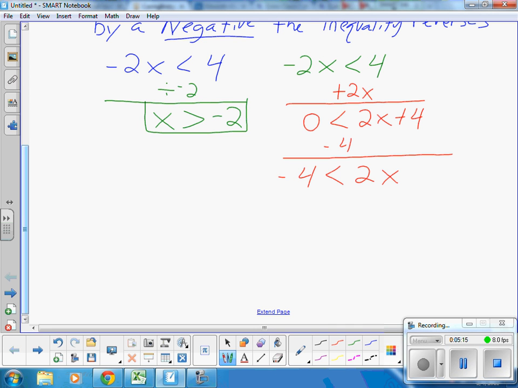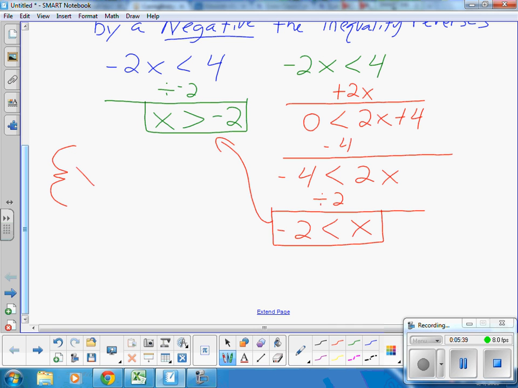Divide both sides by 2. Notice I'm dividing by a positive now. When I divide by a positive, the inequality stays the same. Negative 4 divided by 2 is a negative 2 less than x. Notice this is the same as that when we rewrite it in the form of, for all values, x is greater than a negative 2.